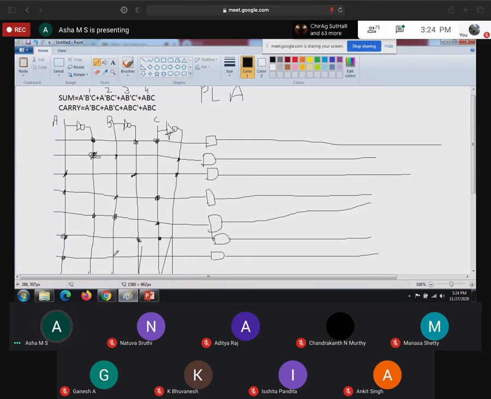A is here, B is here, C bar is here. ABC we already have here. So now we have got the 7 products. Now what do we need to get? We need to get sum and carry. ORing these 4 together will give the sum, and ORing these 4 will give the carry.